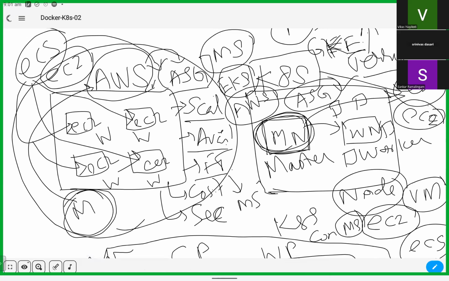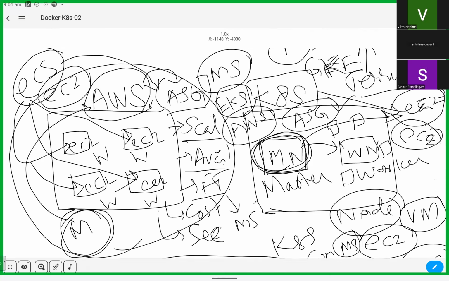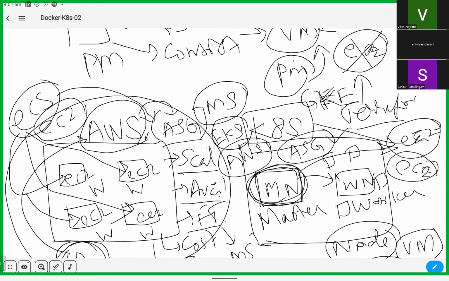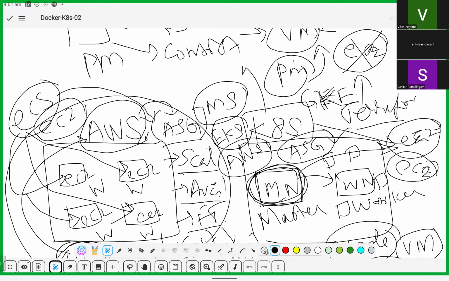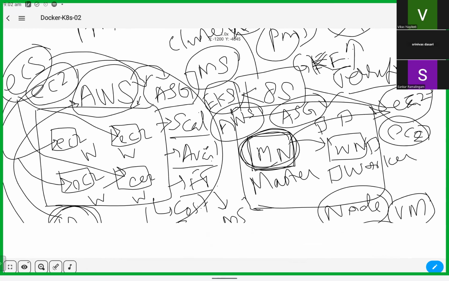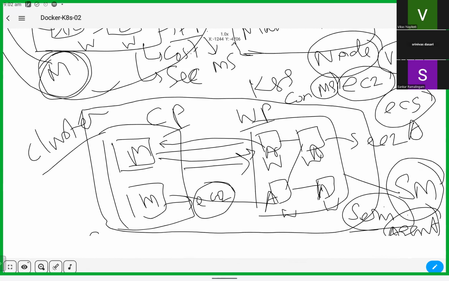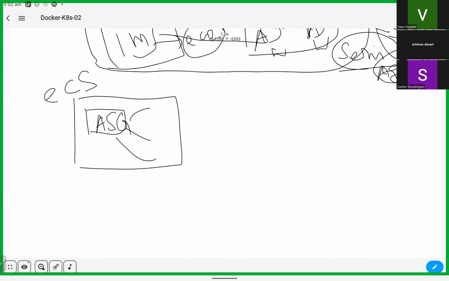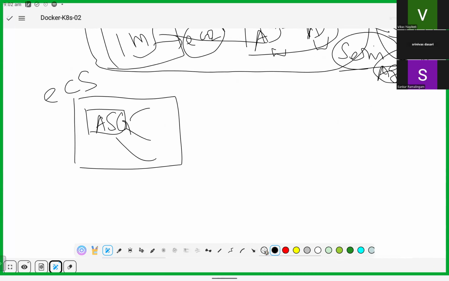That is another service provided by Kubernetes itself, or maybe a third-party service, called the cluster autoscaler. All of these things you need to be familiar with before we do a deep dive into Kubernetes. Any doubts at this point? No, Shankar.